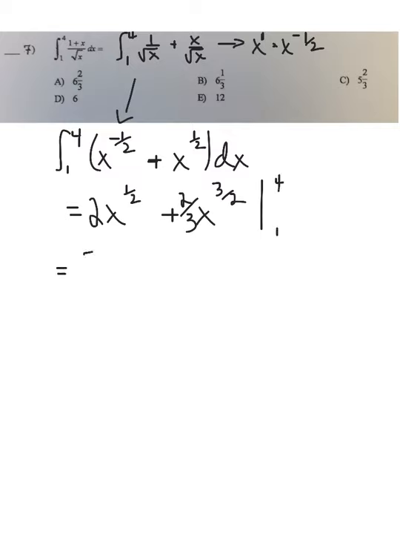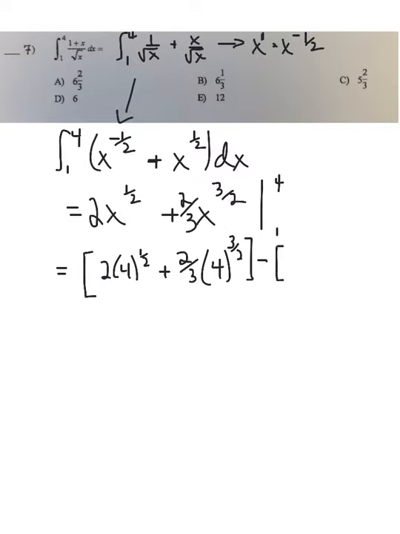So we're going to do 2 times 4 to the 1/2 plus 2/3 times 4 to the 3/2, then minus, and now let's plug in the 1. So 2 times 1 to the 1/2 plus 2/3 times 1 to the 3/2.